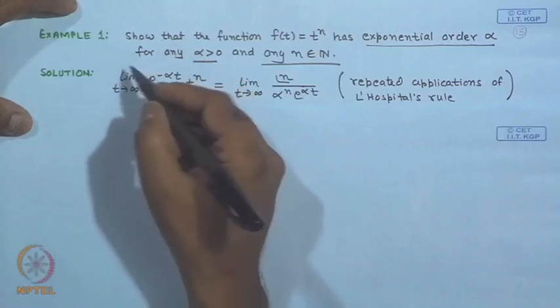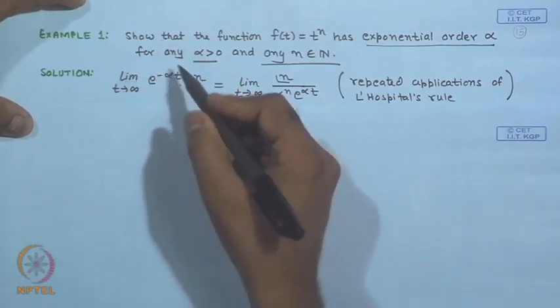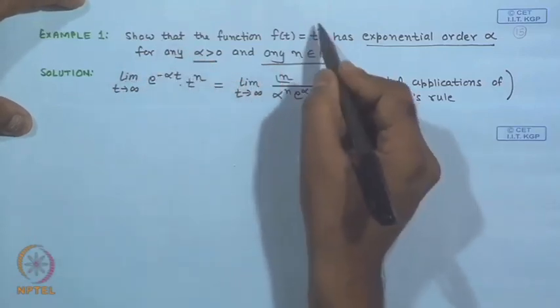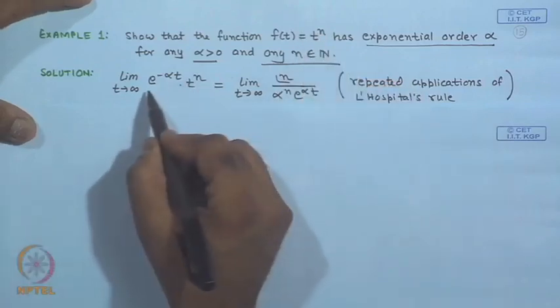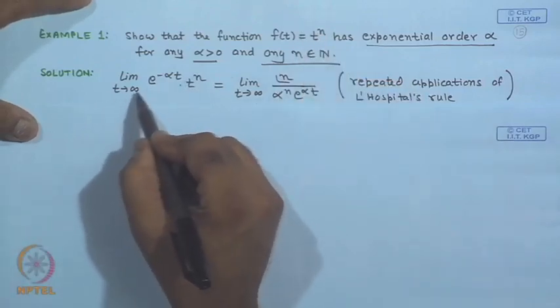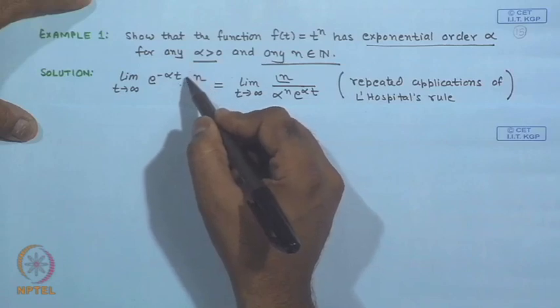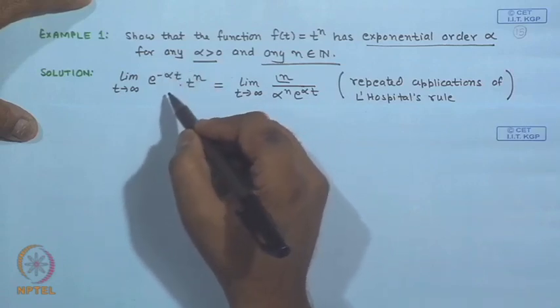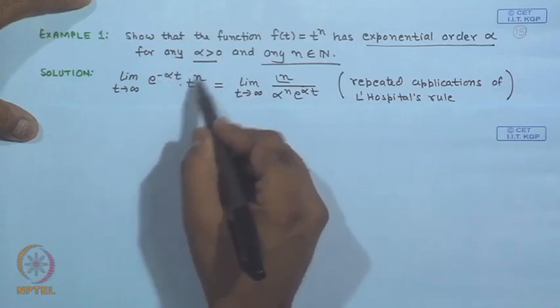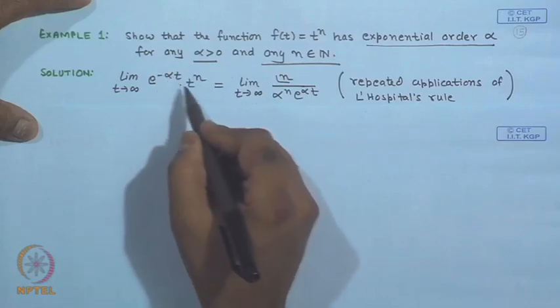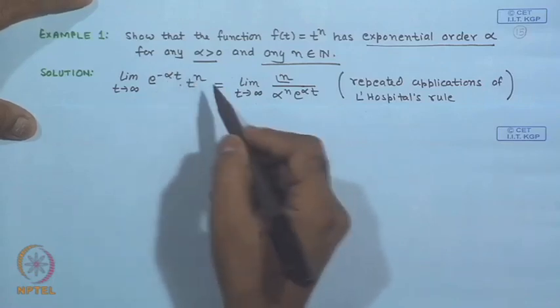So, now we see the limit as t tends to infinity of e^(-alpha t) t^n. If we let t tend to infinity, writing this as t^n over e^(alpha t), it is of the infinity by infinity form.